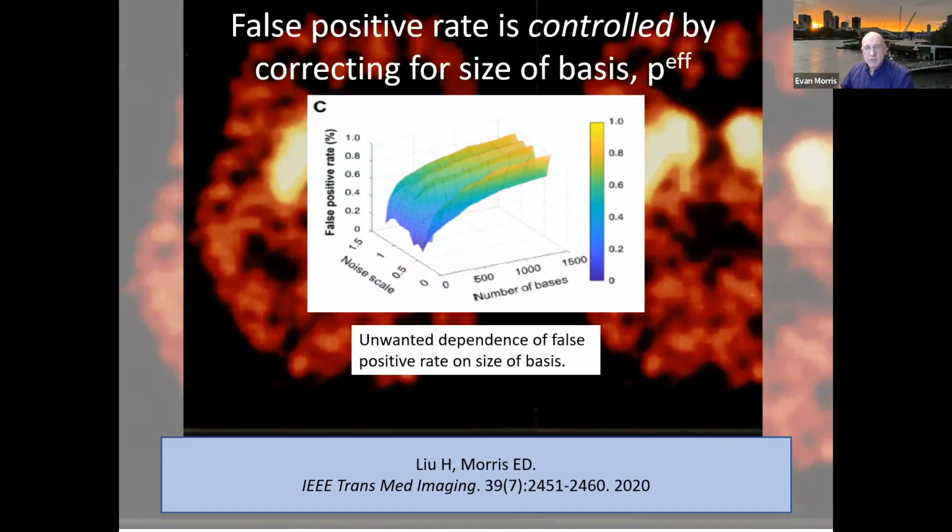But unfortunately, what Heather observed was that as the number of basis functions, the more possible different shapes of dopamine curve that we were allowing the model to pick from in a lookup table, you could say, the more the false positive rate. That doesn't make sense. The false positive rate is on null data, shouldn't have anything to do with basis functions.